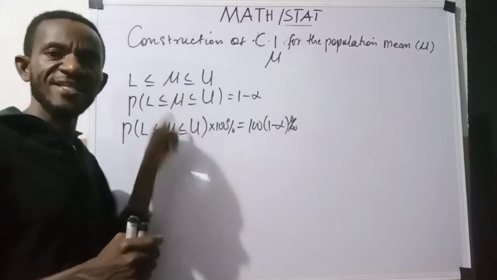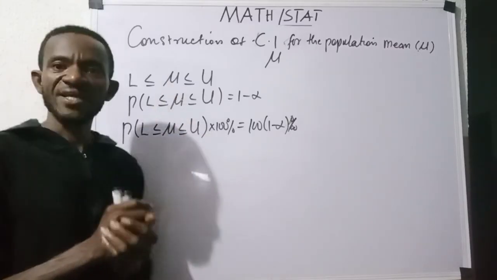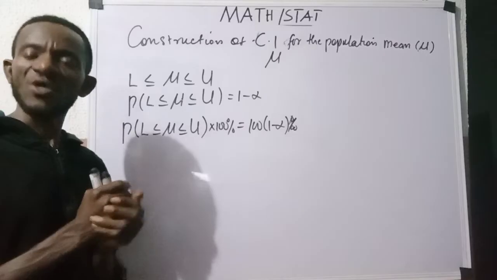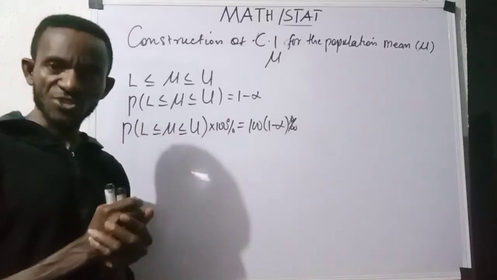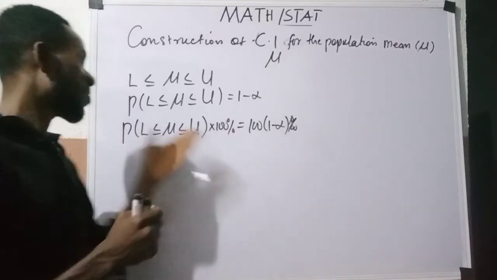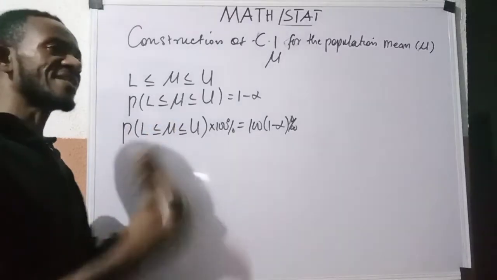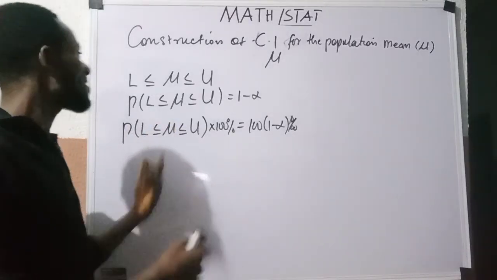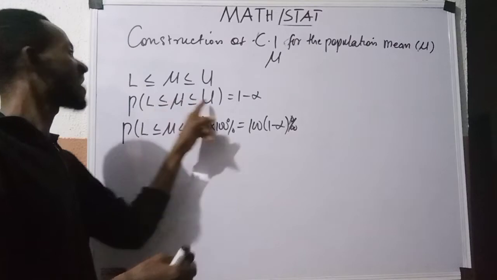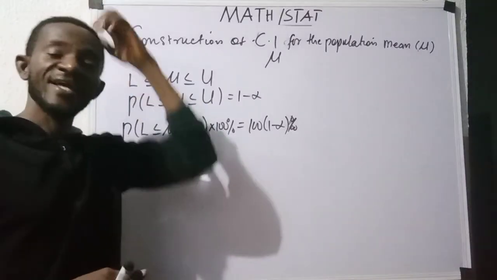So that is exactly what we do in confidence interval construction. So the interest now becomes, how are we going to obtain the true values of L and U that are going to bound mu?